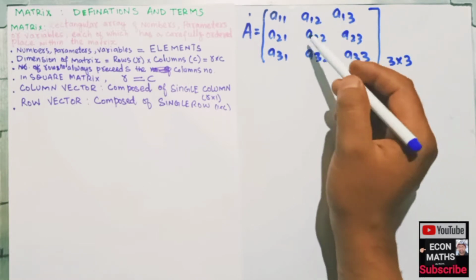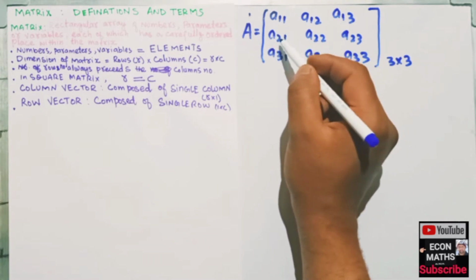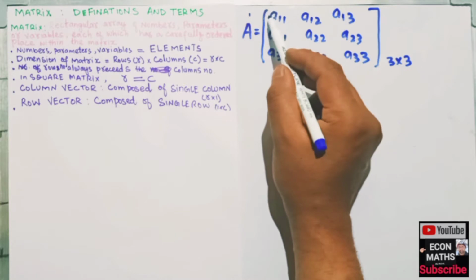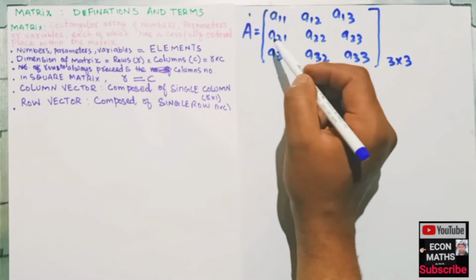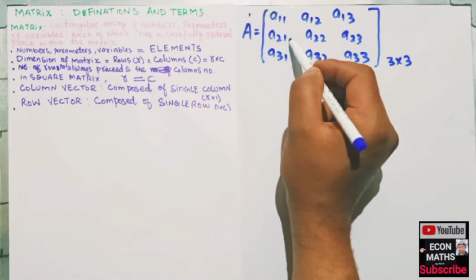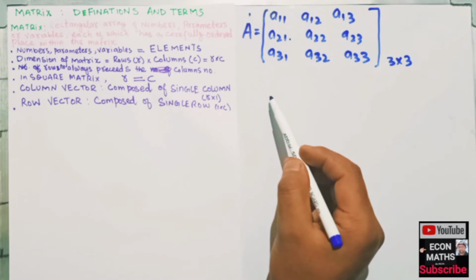Now if I have this element here, that is A21, this 2 tells us the position in the row. That is, this is first and second. This says this is at the second row, and this one says this element is in the first column.